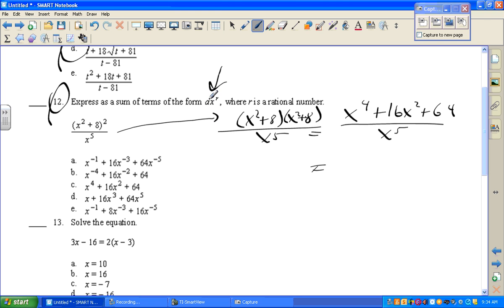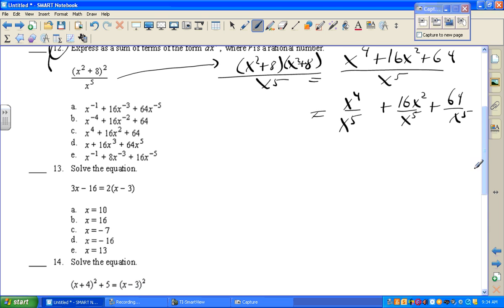Now, how do you write it like the answers? Can you simplify the x to the 4th and x to the 5th? Yeah, you have to break them up into individual terms. Instead of one long fraction bar, you use 3 small fraction bars, and you write it without a denominator. So you subtract everything. X to the 4th divided by x to the 5th is x to the negative 1.